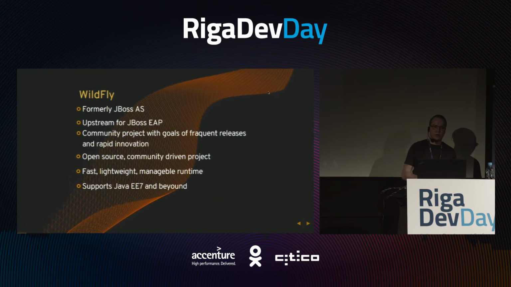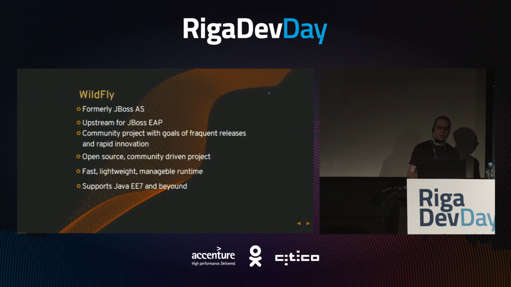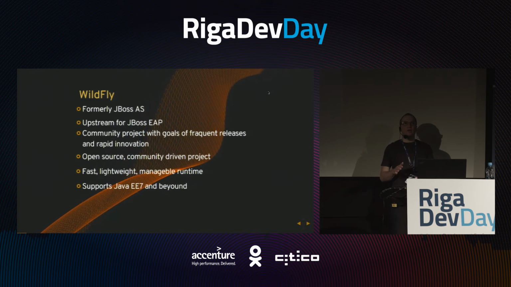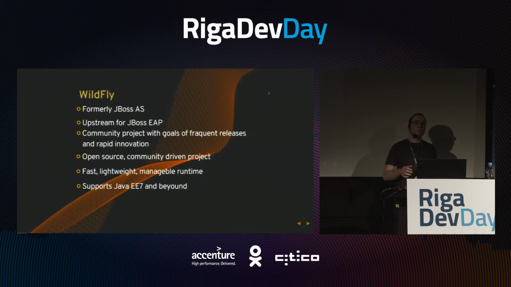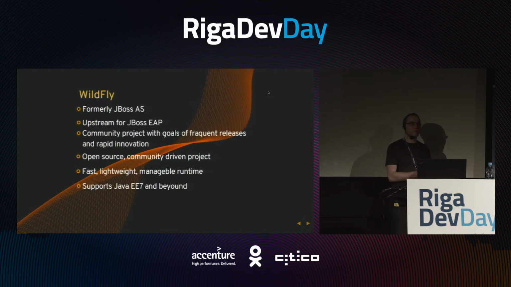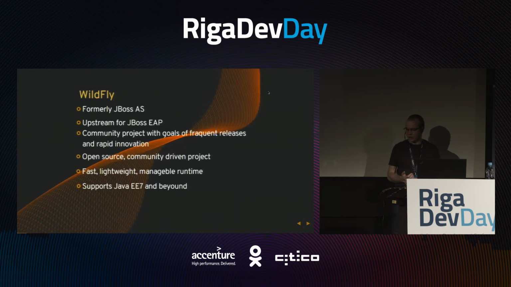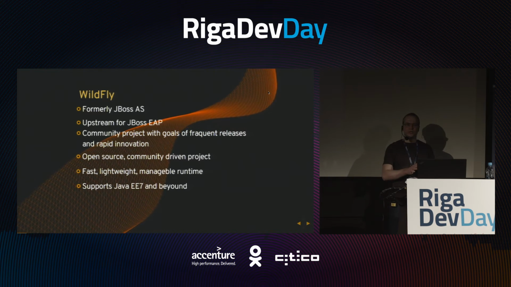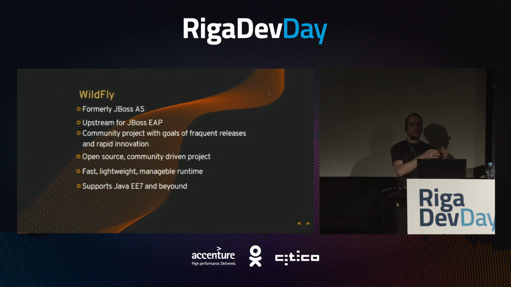Before I get to examples, I would like to say a few words about its architecture, because WildFly, before the name change in JBoss AS 7, has been refactored. The core of WildFly has been refactored. We are providing our core on which we are building WildFly.